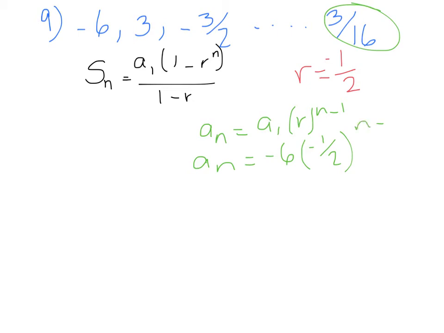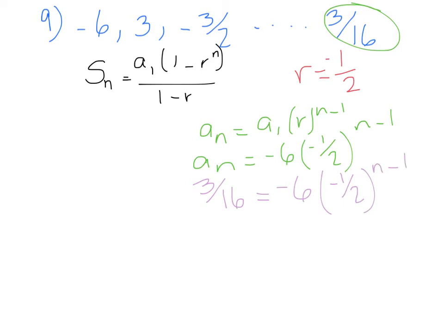If I look at the position of the last term, that tells me how many terms there are. If the last term is number 50, then I have 50 terms. I know that 3 over 16 is the last term, and I want to solve for n.